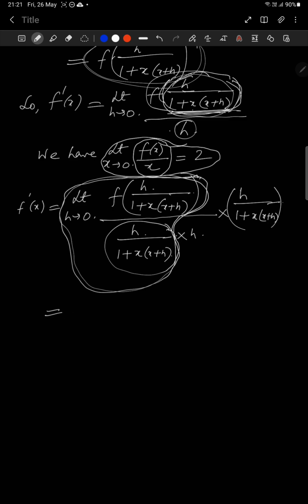So that we are getting 2, and then let us take the limit h tending to 0 in this whole thing. We find this h and this h can be cancelled, and when h tends to 0, this whole thing will become 1 divided by 1 plus x into x, that is 1 plus x square, and this was your f dash x.